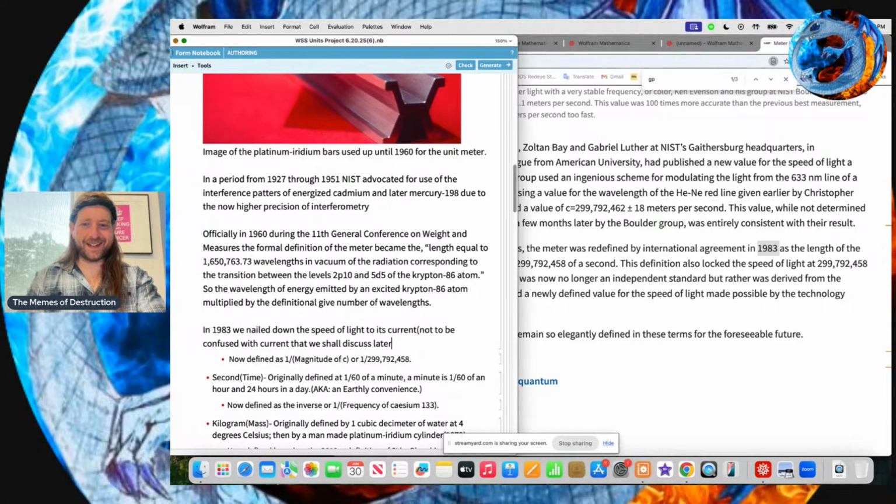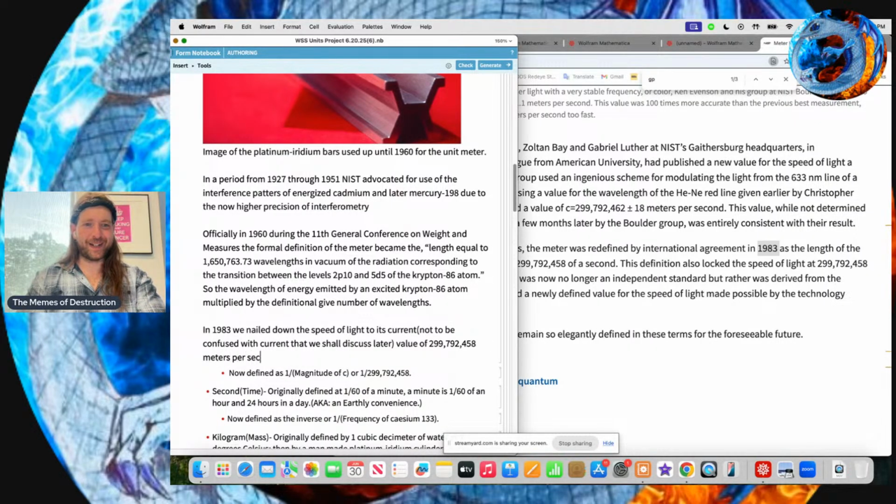Hey, you gotta be a little lively here. The current value is 299,792,458 meters per second. Okay, there we go. Got that.